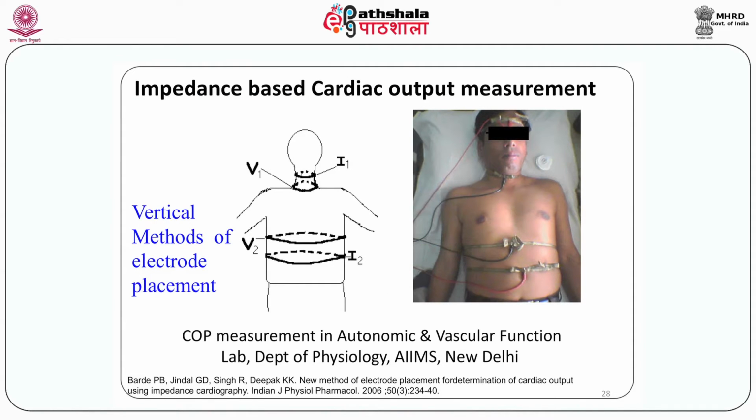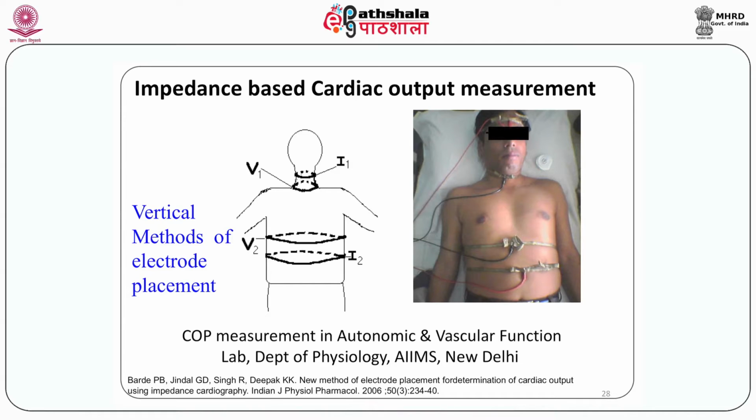Since impedance plethysmography measures the volume flow to the area, when the electrodes are placed across the chest, the measurements provide the value of cardiac output. This is called impedance cardiography.